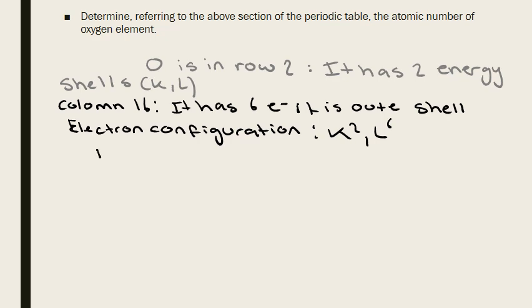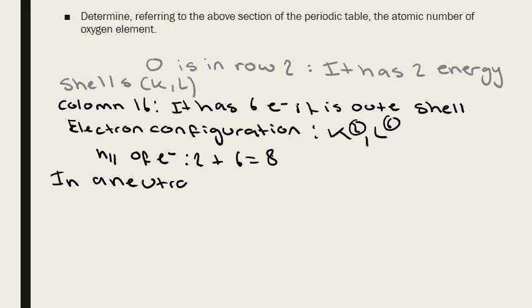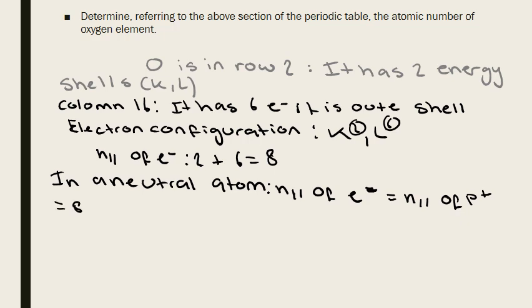Therefore, the number of electrons is 2 plus 6, which is 8. Remember, we use the numbers that are located here, in a neutral atom, number of electrons equals number of protons, so that equals 8.